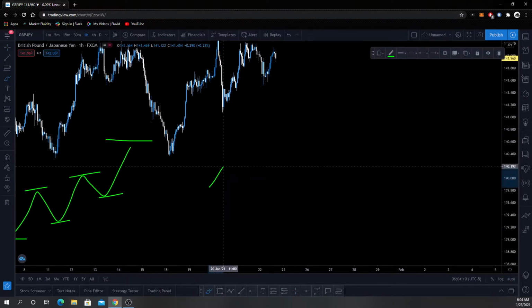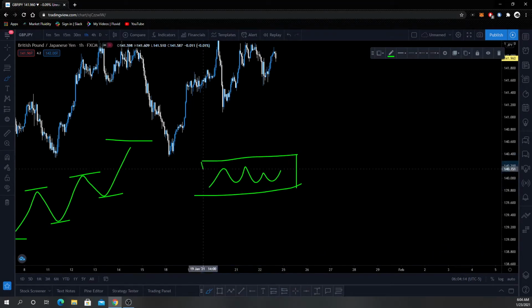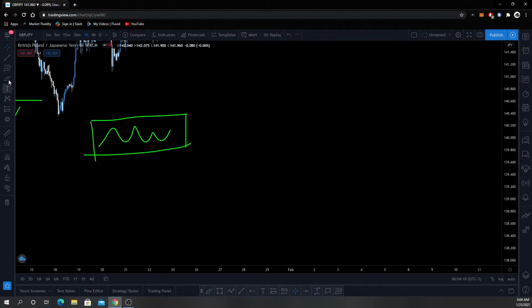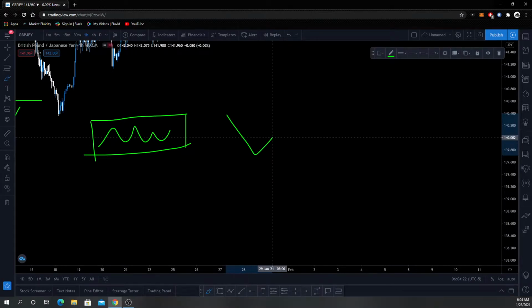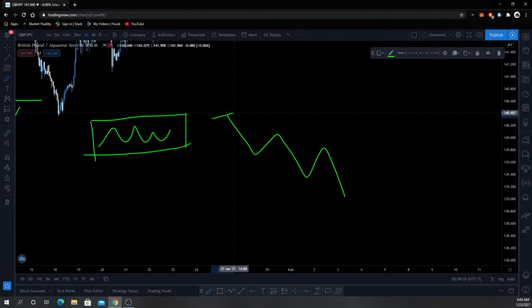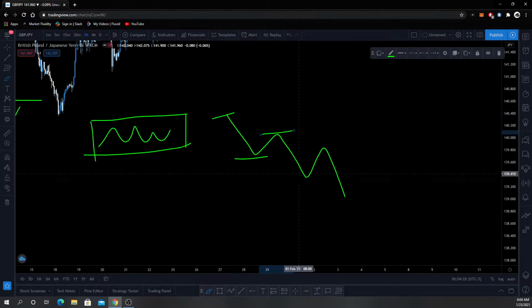Then we have the consolidation phase, where the market just goes sideways in a range that we can use. Then we have a downtrend, so price will be making lower lows and lower highs: a lower high, lower low, lower high, lower low, lower high, and lower low.